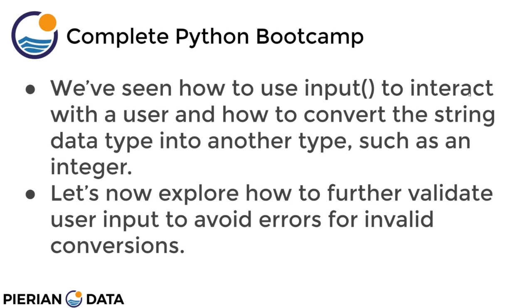However, recall that if the user passed in something that couldn't be converted correctly, we would get an error. So what we want to explore now is how to further validate that user input to avoid errors for invalid conversions, and instead basically have a while loop that keeps asking the user for input until we get a valid input, and then continue on to the next step. Let's see how this is done by jumping to the Jupyter Notebook.